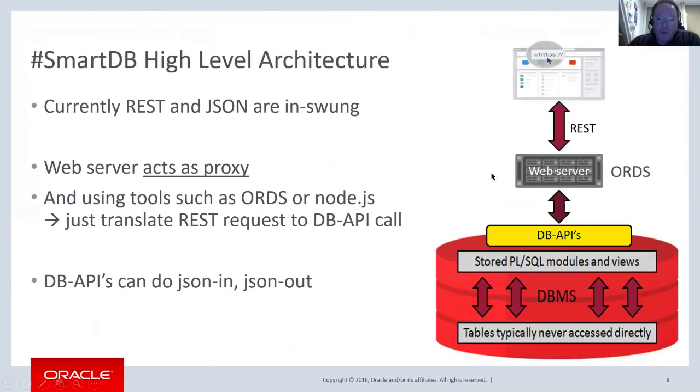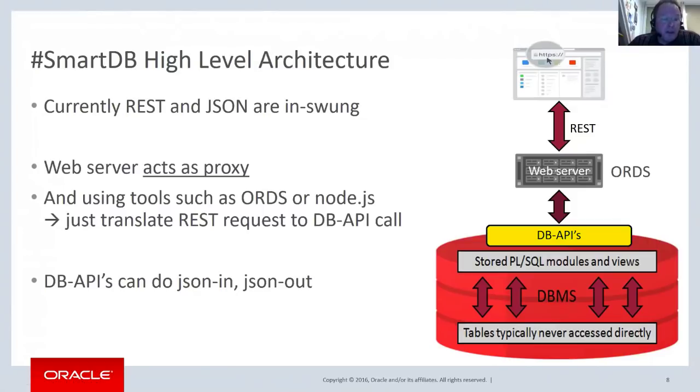So we would have a web server, maybe with ORDS or maybe something else, that opens up the endpoints towards the browser, but basically just acts as a proxy. So every endpoint does nothing else but just call the corresponding stored procedure, preferably a packaged stored procedure in the database.